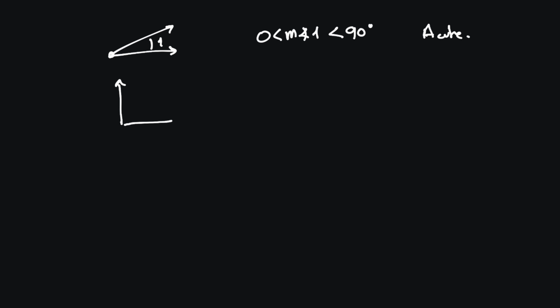Angles can be classified. When we have angles like this, let's call this 1, and the measurement of angle 1 is between 0 and 90 degrees, we call this an acute angle. When we have two rays like this, and this is angle 2, and the measurement of angle 2 is equal to 90 degrees, we call it a right angle.